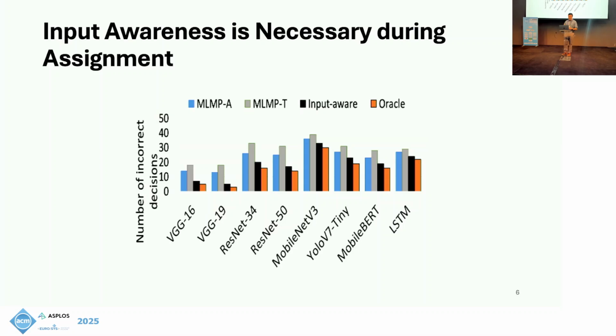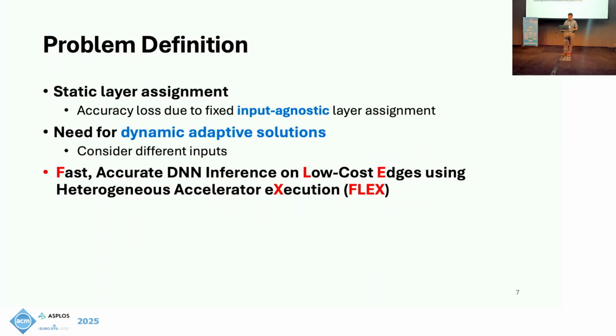MLMPA and MLMPT make significantly more incorrect decisions, with error rates nearly 2 times higher than the input-aware method. In contrast, the input-aware method incurs only about 2.5% more errors compared to the oracle. So to summarize, the static approach doesn't account for the input characteristics, which leads to unnecessary accuracy loss.